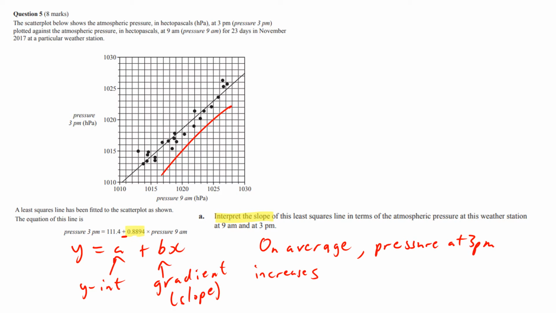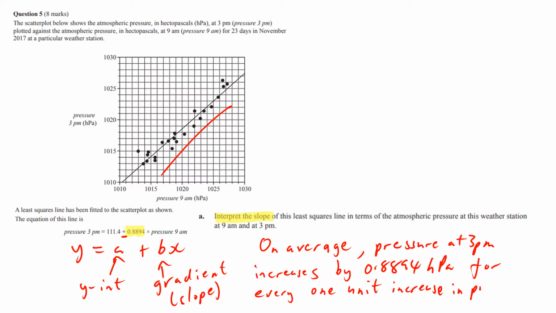You could say decreases if you need to, by 0.8894 hectopascals, the lovely unit of measurement that they love in meteorology, for every 1 unit increase in pressure. Ooh, got to squeeze this in, at 9 a.m. There you go.